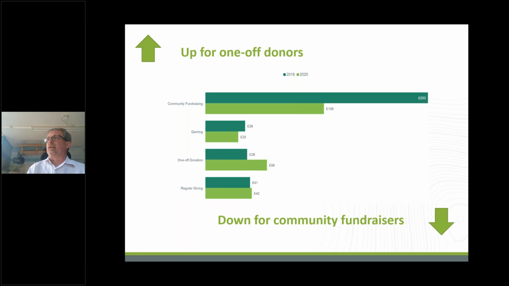And I think the challenge here, and what charities really need to look at, is how they can really now engage and nurture these new audiences and get them giving and engaging with the charity long term.